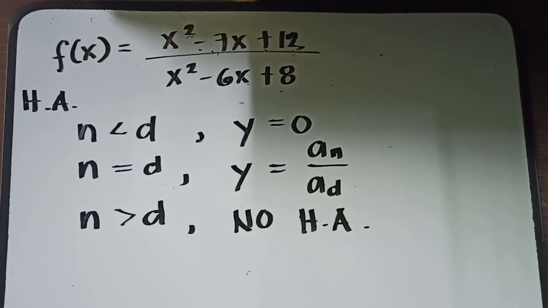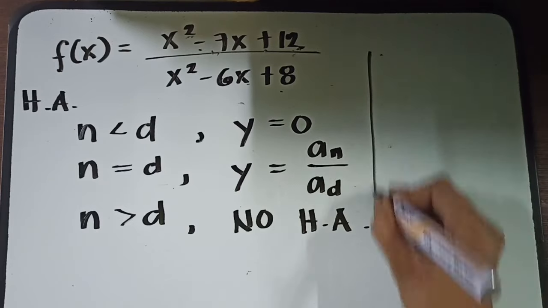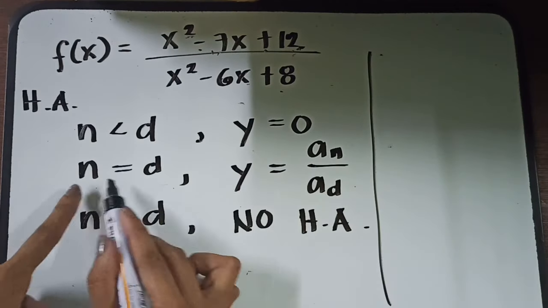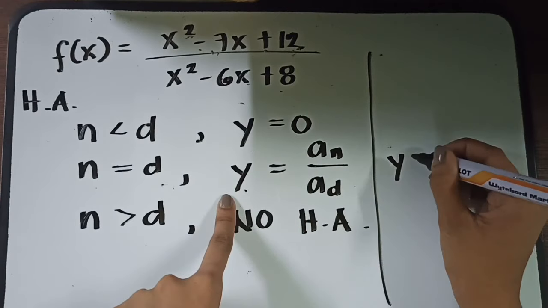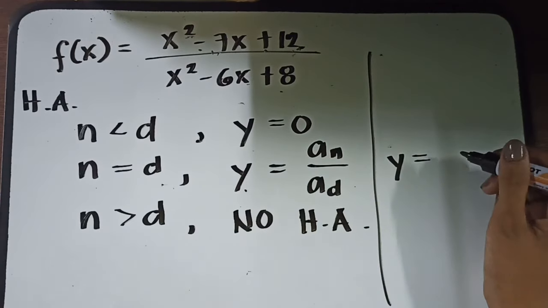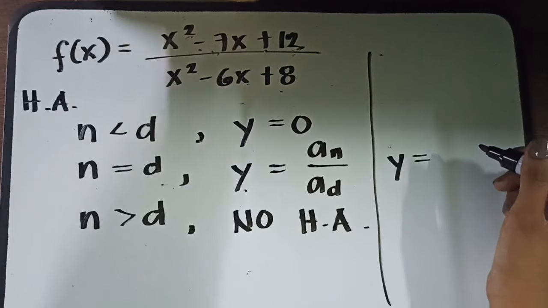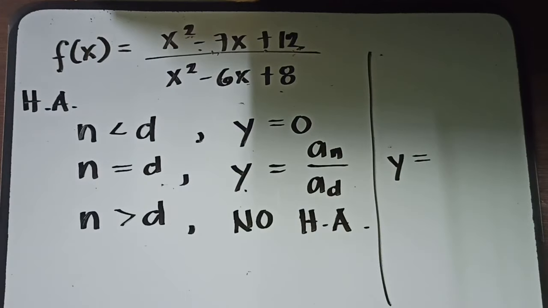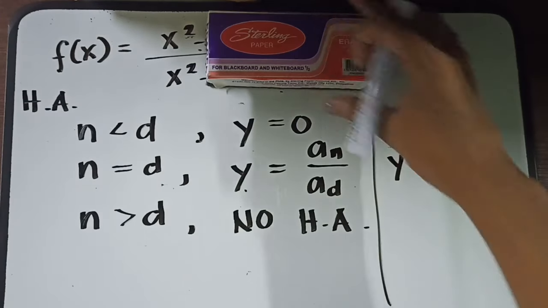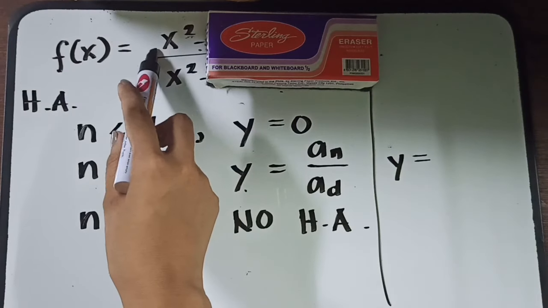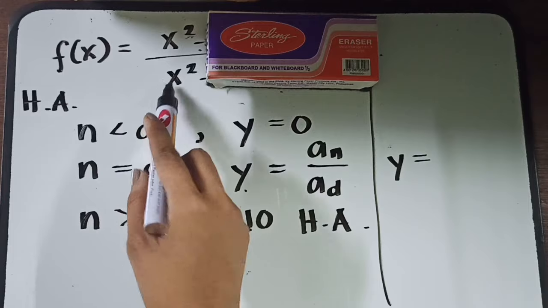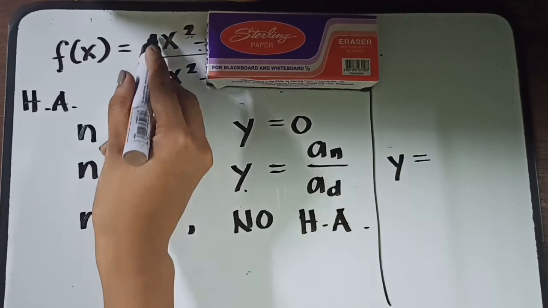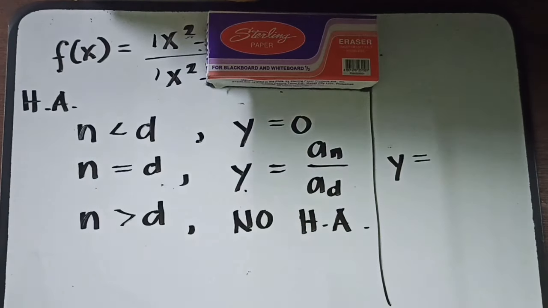So kapag doon siya nag-fall, paano natin nahanapin ang horizontal asymptote? Sabi po, kapag n is equal to d, your horizontal asymptote y is equal to the leading coefficient of the numerator over the leading coefficient of the denominator. So, meron tong 1, meron din naman pong 1 yan.